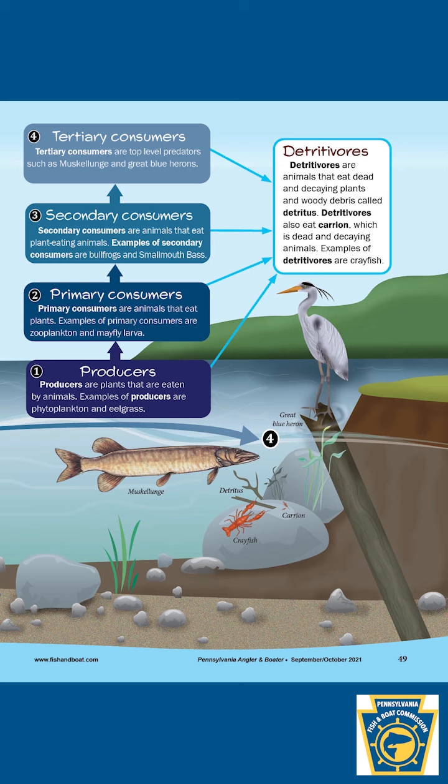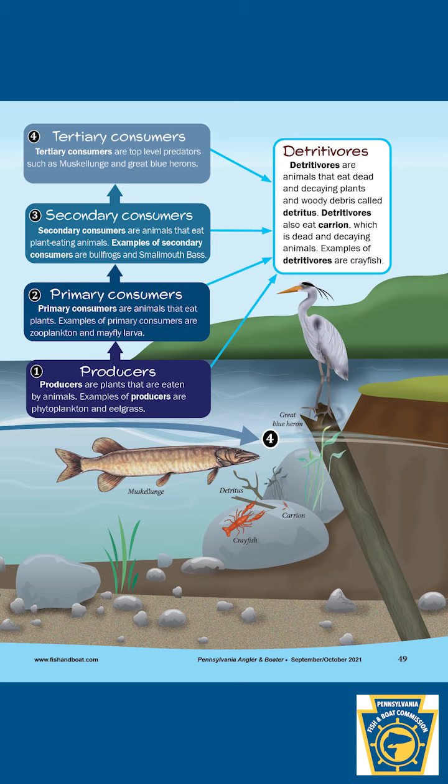Secondary consumers. Secondary consumers are animals that eat plant-eating animals. Examples of secondary consumers are bullfrogs and smallmouth bass. 4. Tertiary consumers. Tertiary consumers are top-level predators such as muskellunge and great blue herons.